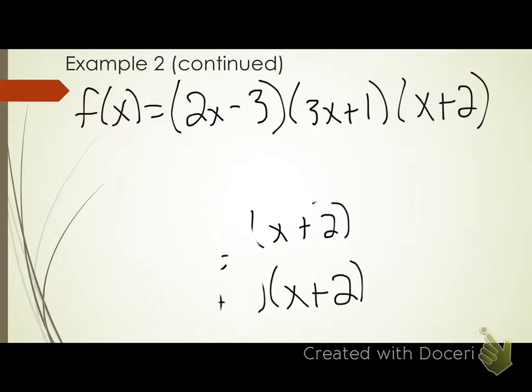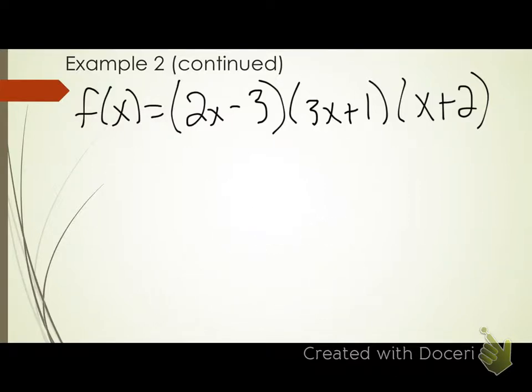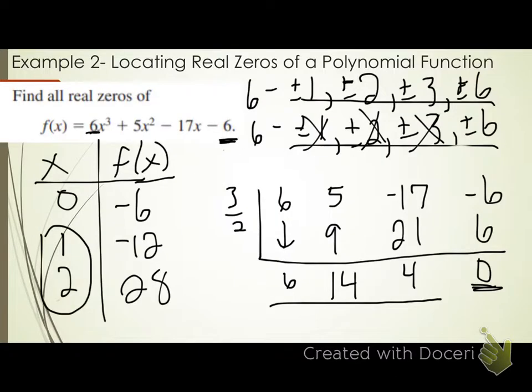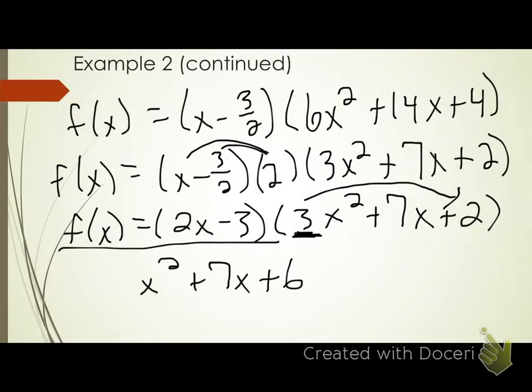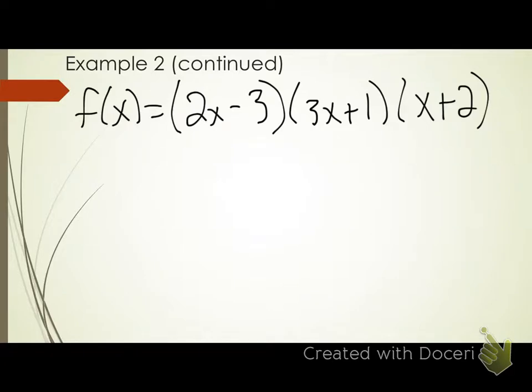So I have now factored my polynomial. This guy right here, I've factored it completely. So now I have to actually answer the question. I need to actually find the zeros of this polynomial function.